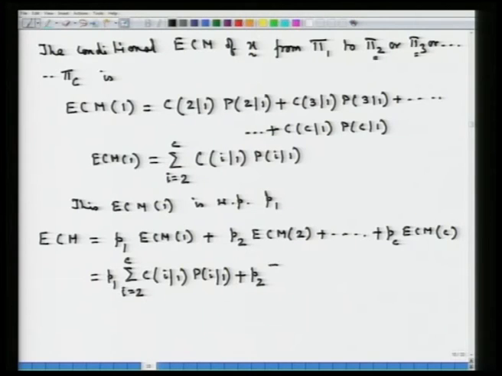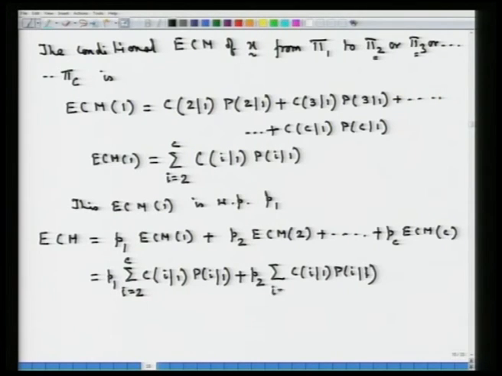Now, what would be the type of terms in this conditional ECM of x from pi 2? That is going to be a similar sum, written as in the first term, C(i|2) into P(i|2).